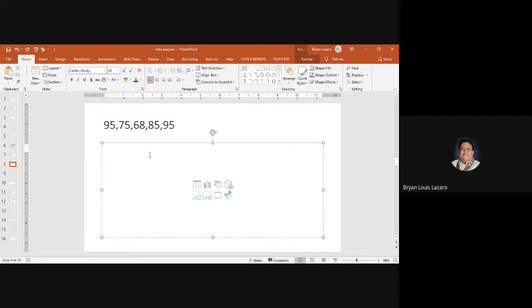So what you're just going to do is to add them all, 95 plus 75 plus 68 plus 85 plus 95, divided by kung ilan yung respondents niyo. Ilan yung nag-response? 5. So divided by 5, you have 83.60.